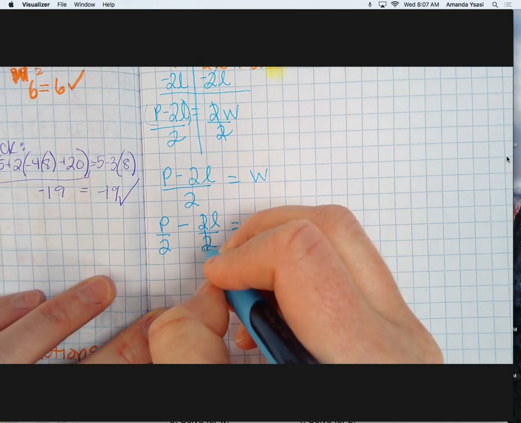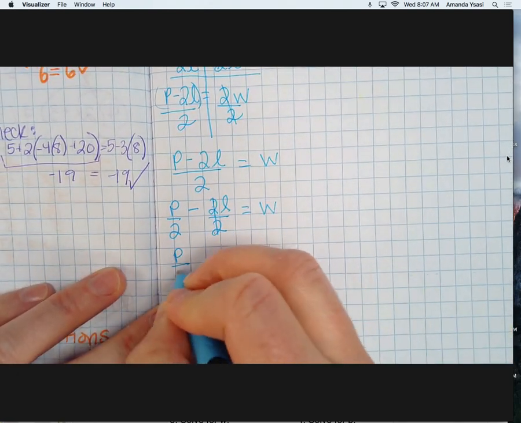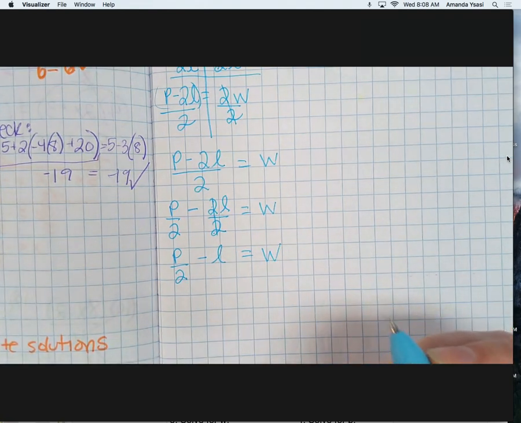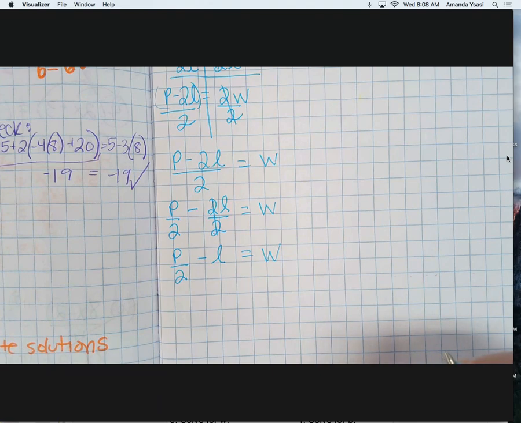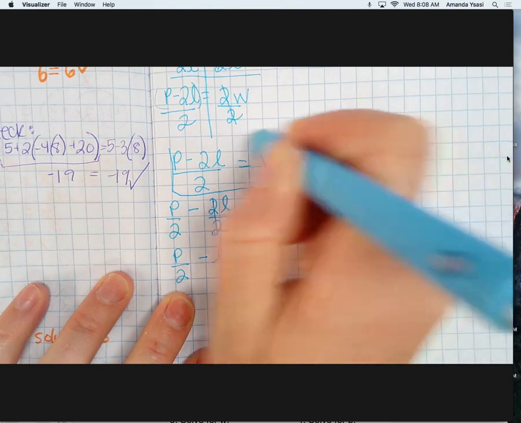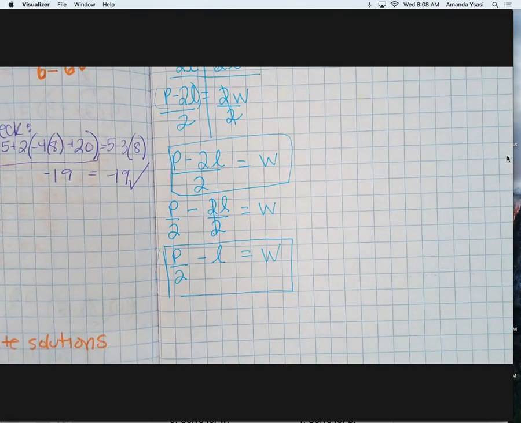This 2 over 2 makes 1. So we could rewrite this as P over 2 minus L equals W. So either this one or this one, it could be our answer.